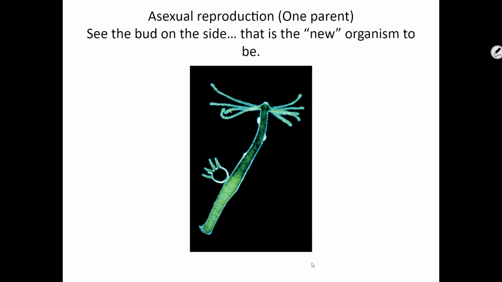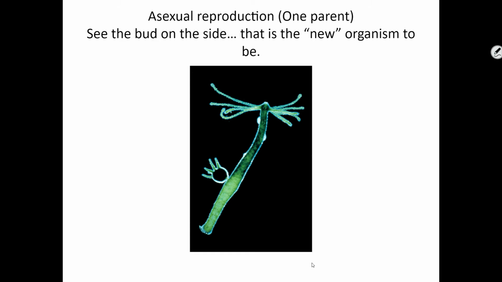However, a better way of understanding this is when one organism basically creates a clone of itself. All right, this is good for the organism because it can happen quickly. You don't have to go out and find a mate. But the problem is, the risk behind this is that all the organisms are the same.